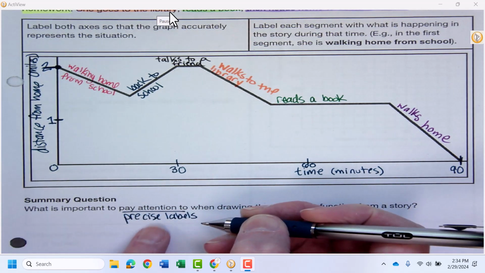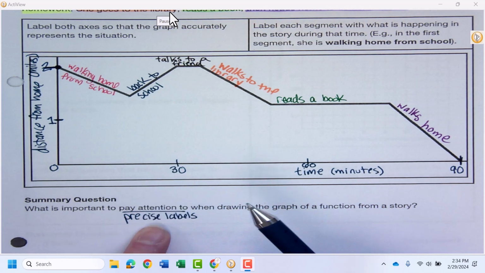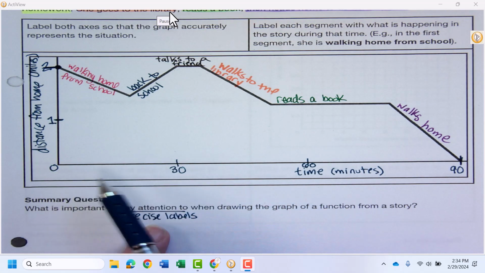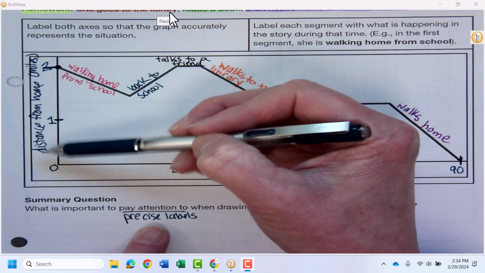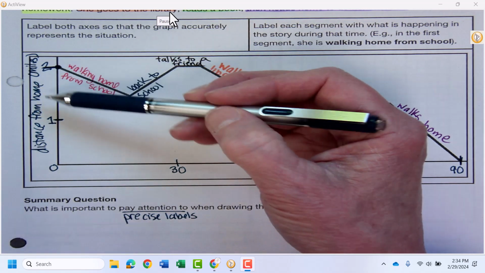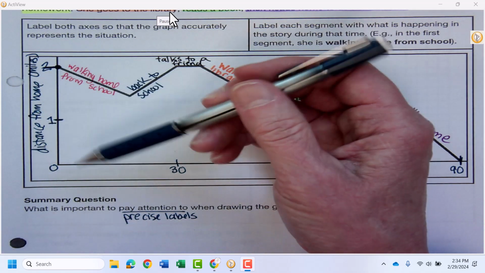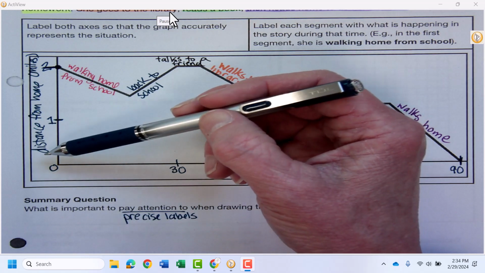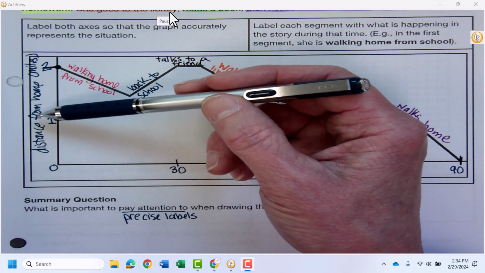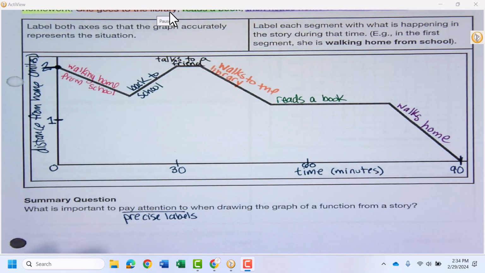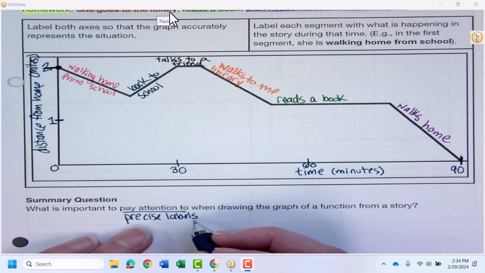In the activity today, we had a short little 15-second video, and we looked at it with measuring one variable, the distance from some kid's waist to the ground, and then looked at the same video and how the graph would change if we were looking at the distance of that child from the edge of the screen. And they were very different looking graphs. So we have to have precise labels.